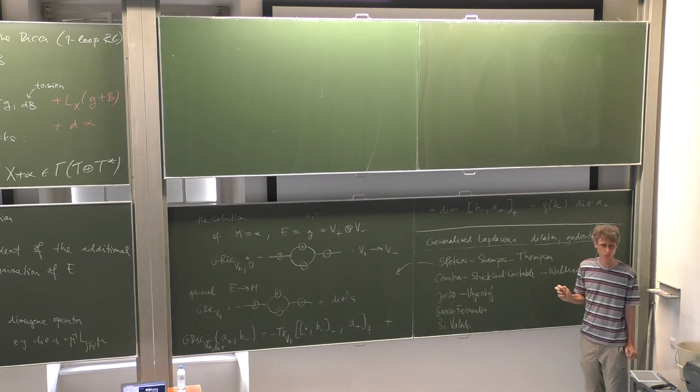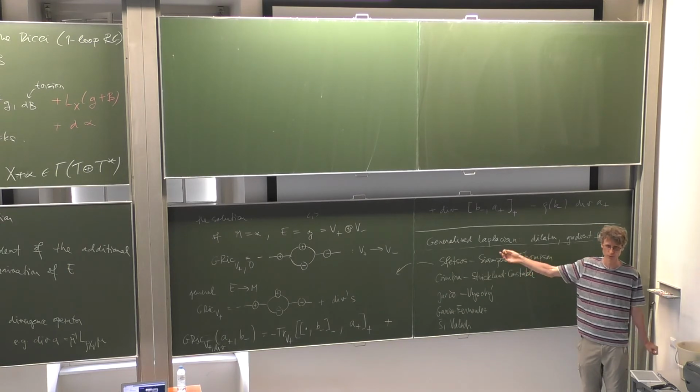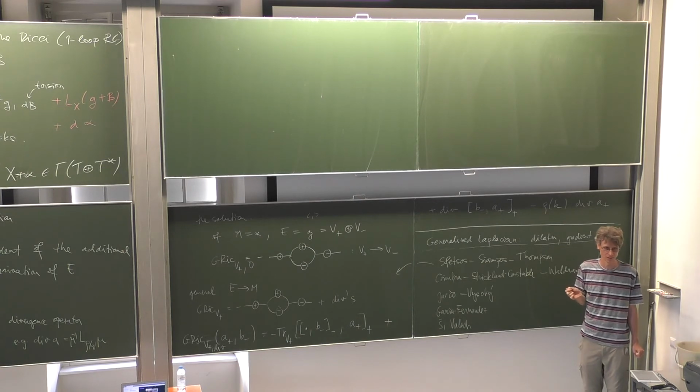So there are many people who worked on similar stuff, so I don't know what I can say about what we did first. Maybe we were the first who formulated it for arbitrary Courant algebroids. Possibly, it is hard to say.